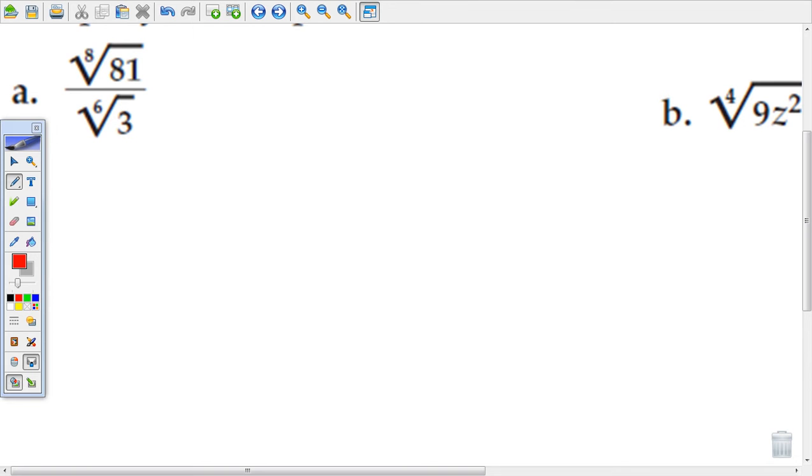Well, what do you look for first? What's your very first step? Look for a way to rewrite my base. How can I rewrite 81? 3 to the 1/2? Okay, so Xander, maybe think about it as what are the numbers that multiply together that are prime to make 81?